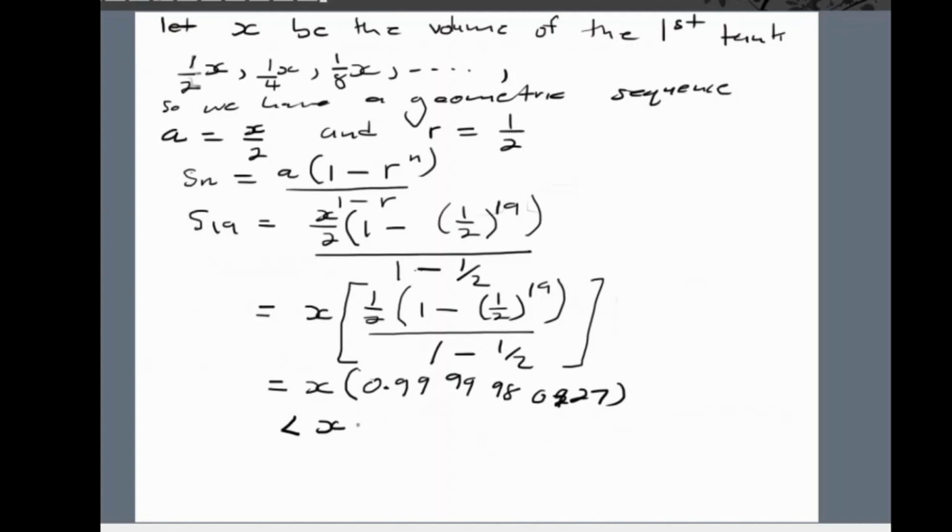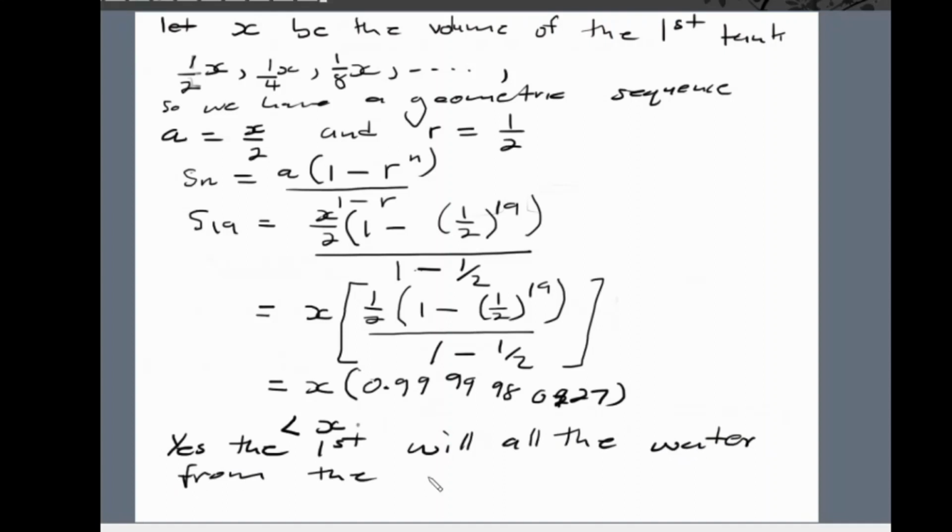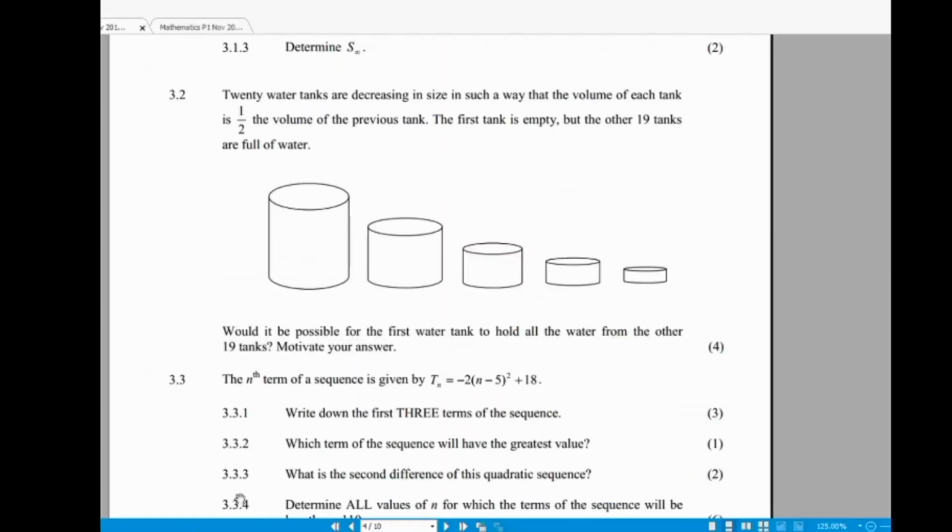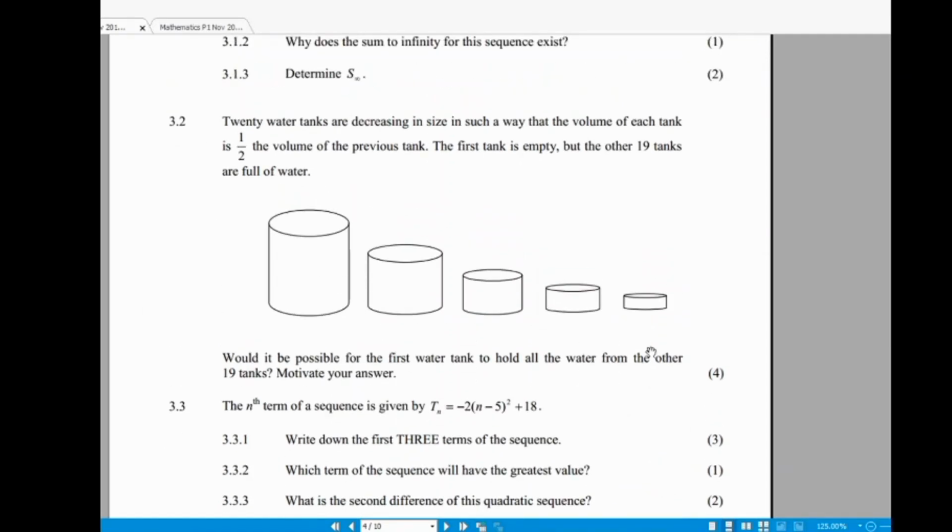So now we can justify our answer and say yes, the first tank will hold all the water from the 19 tanks, right? From the 19 tanks. So that is 3.2.